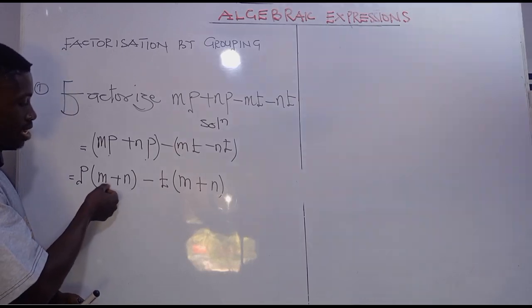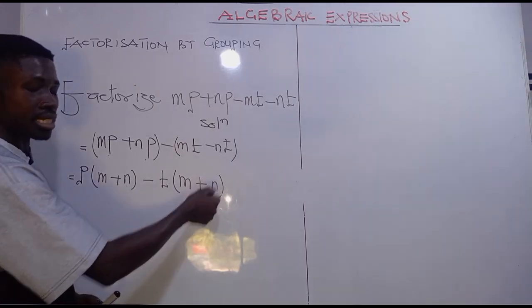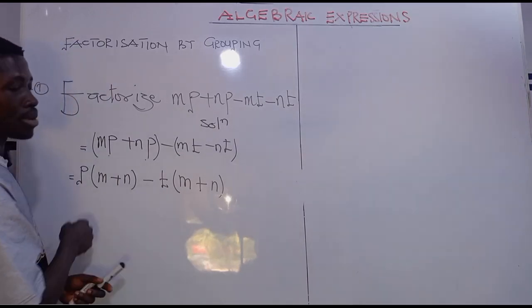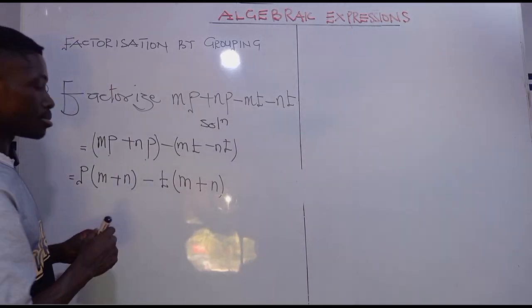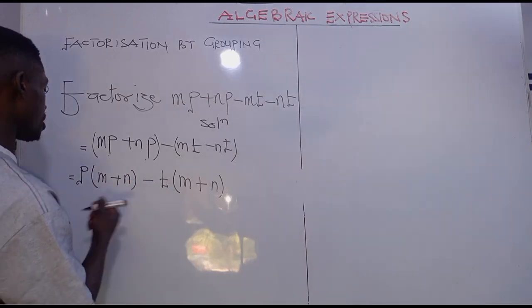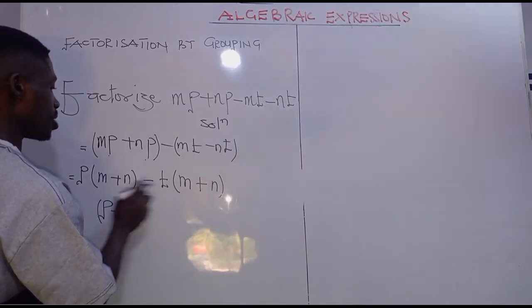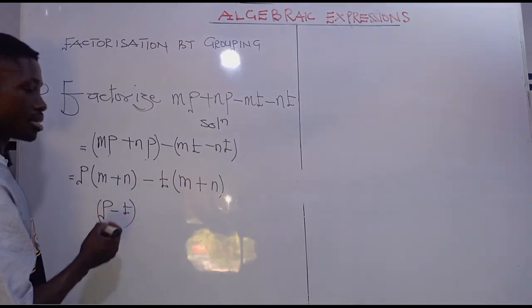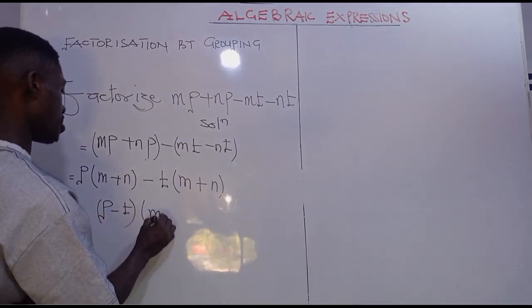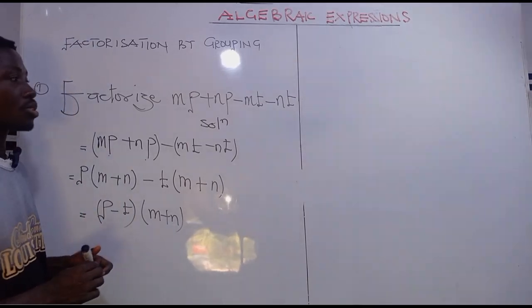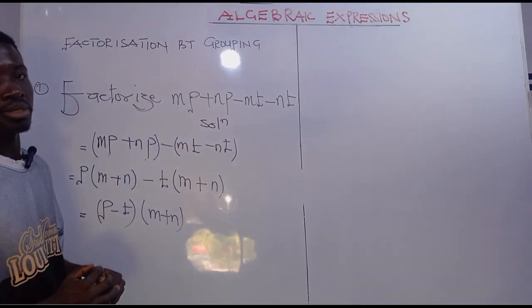So realize that we have M plus N, M plus N. They must be the same. So after that, you pick those outside the bracket and then you put them also in brackets. So we have P minus T, P minus T. And then you pick any of the brackets. Since they are the same, you can pick any of the brackets. M plus N. And then you are done. We have factorized this algebraic expression.